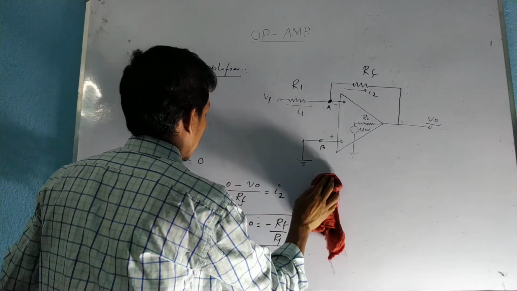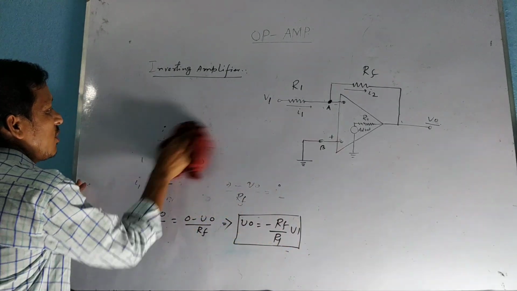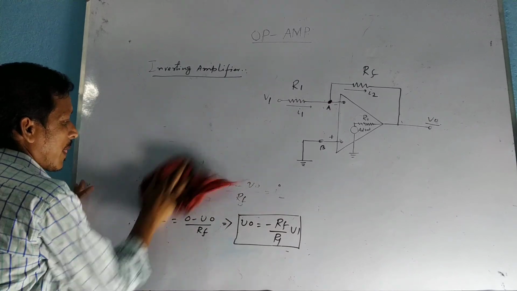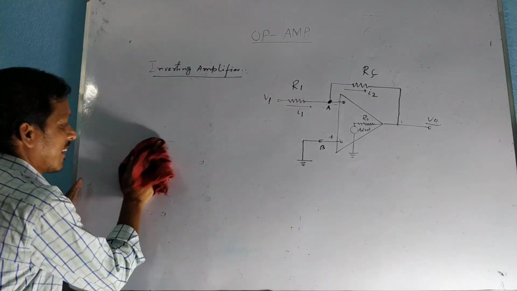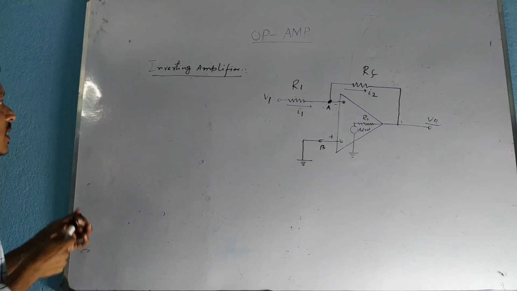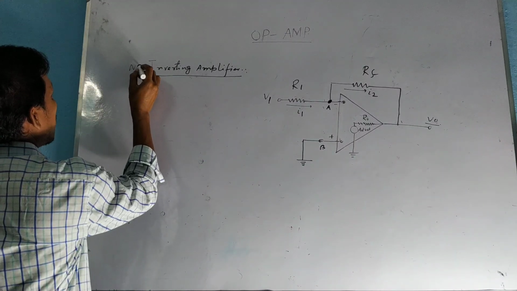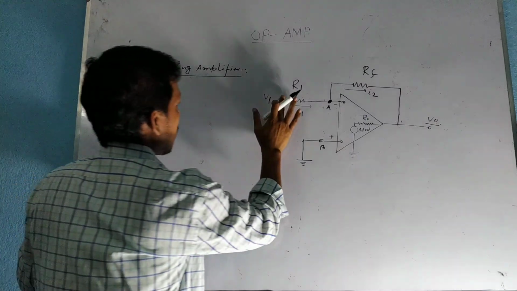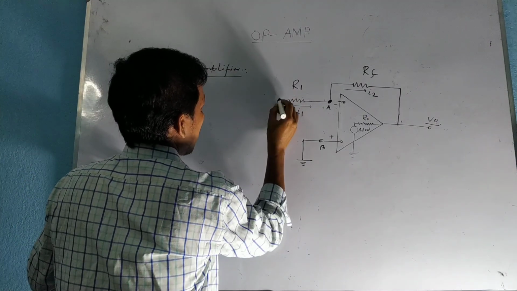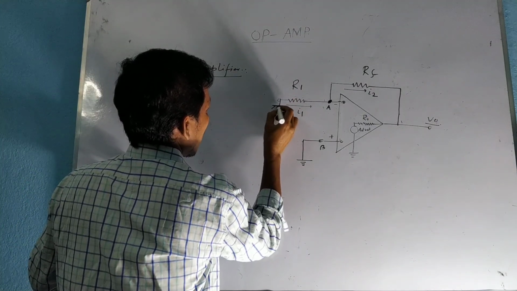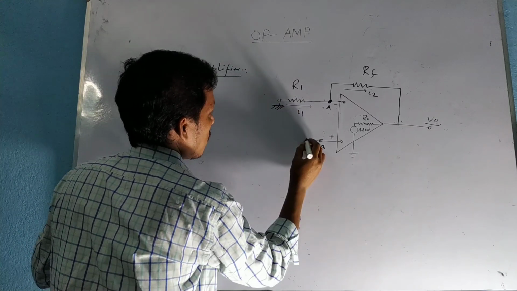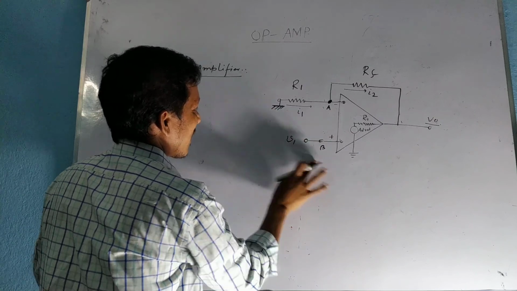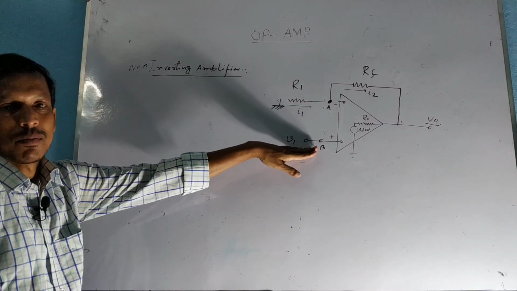Now I will discuss the non-inverting amplifier. For the non-inverting amplifier, the inverting input will be grounded and we have to apply the input at the non-inverting terminal.